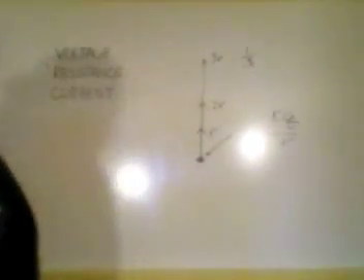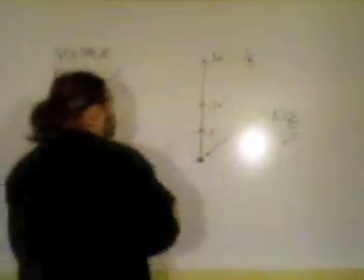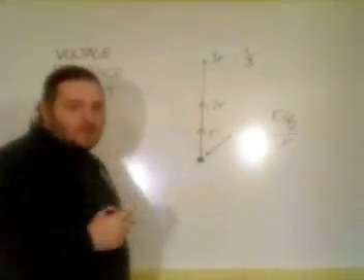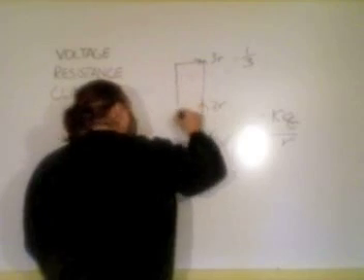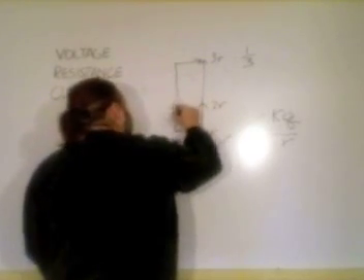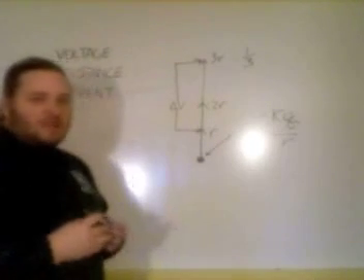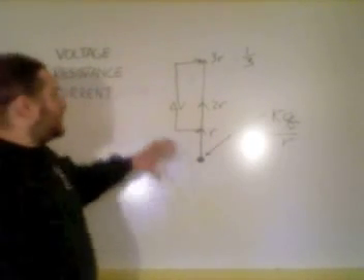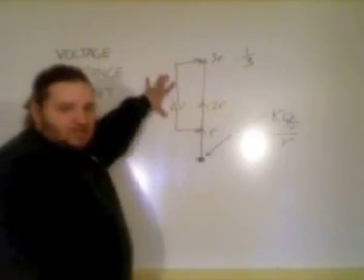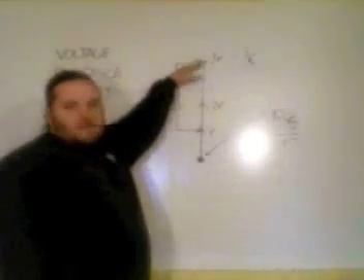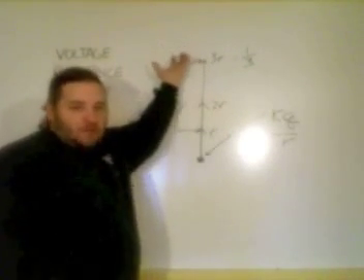Now, when we're referring to voltage, we're referring to the change in an object's potential. So if we look at potential, or voltage, we're looking at how much that potential has changed over those points. So from here to here, there's a change of 2R, basically.